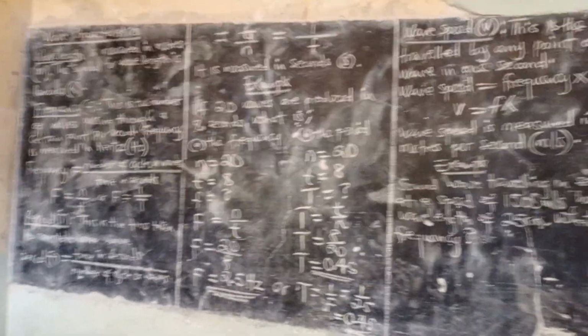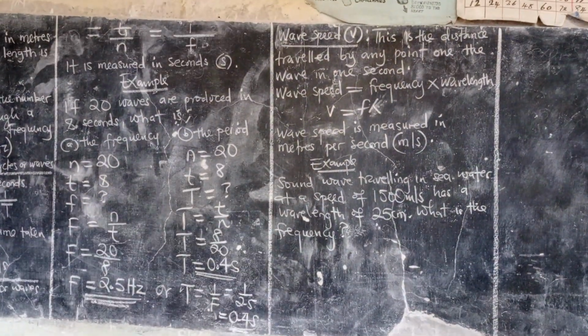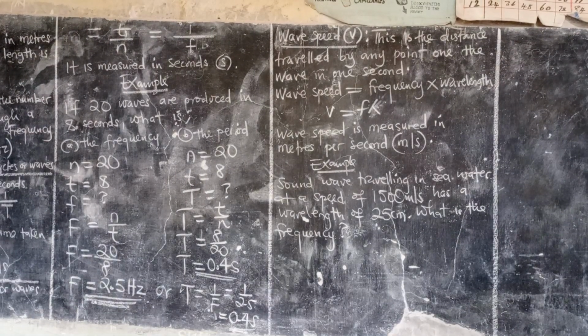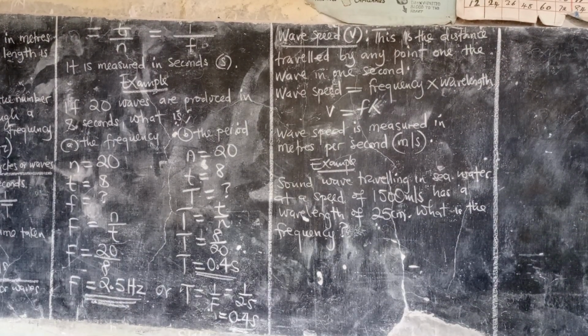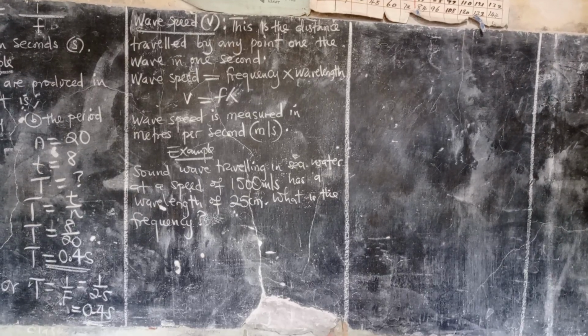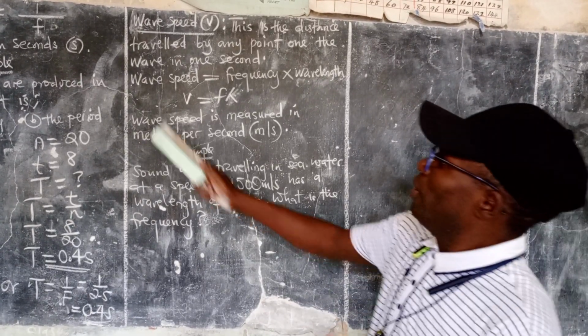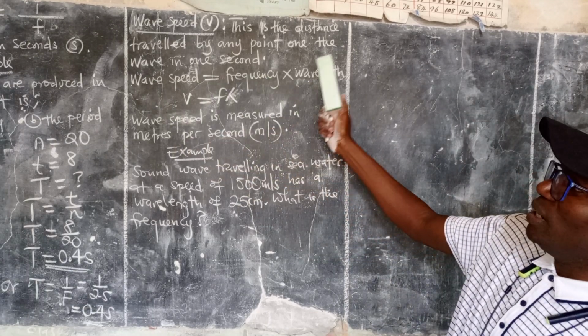We come to speed. Wave speed, V. This is the distance traveled by any point on the wave in 1 second. So the formula that we're using there: wave speed is equal to frequency times what?